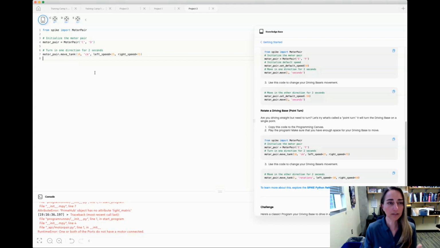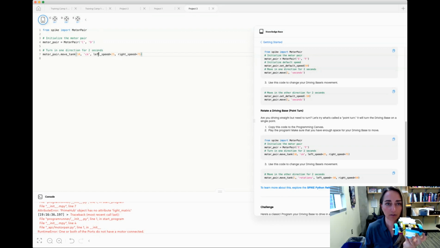Okay, and now if I look, this looks a little bit different than the word block, right? Where I had that rotation to get it to do a tank turn. This one says move tank, so that basically means I'm moving both wheels, but I'm going to specify how I move both wheels. And what I specify in here is a distance. That tells me how far I want the wheels to move or how much to rotate.